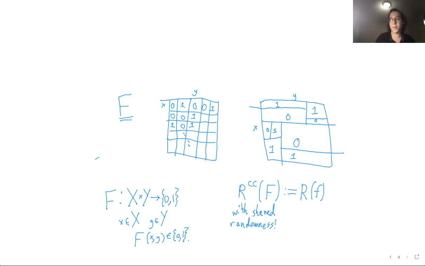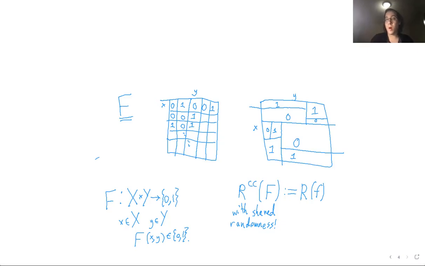So this is one way to represent a randomized protocol. It's a probability distribution over such partitions of this type. So this is randomized communication complexity. As in query complexity, that's not too much of a definitional overhead on top of the deterministic case.